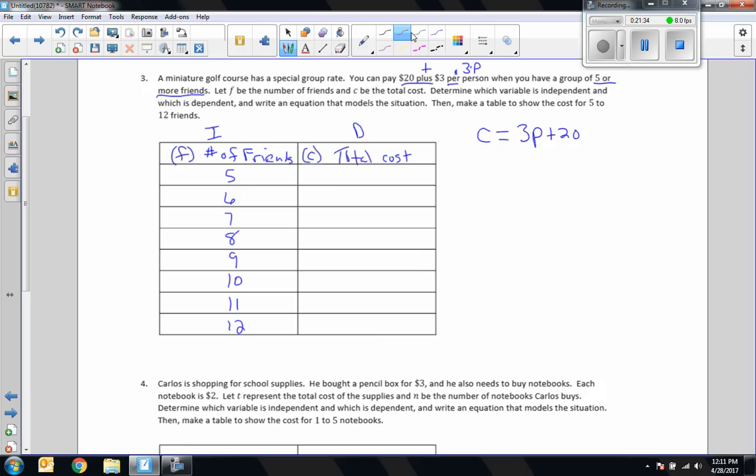And now we're going to calculate. We're going to replace our P with our independent variable 5. So my equation is going to say C equals 3 times 5 plus 20. Don't forget your order of operations. Says to multiply first and then add. So the total cost is $35.